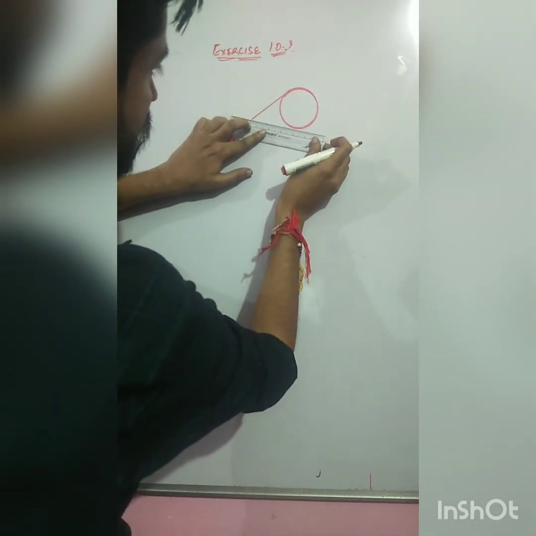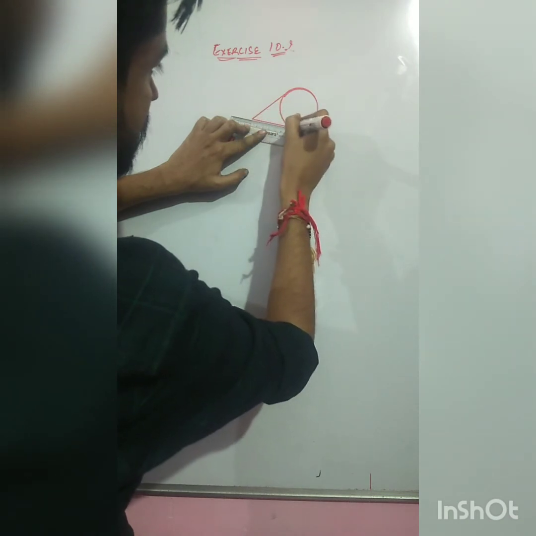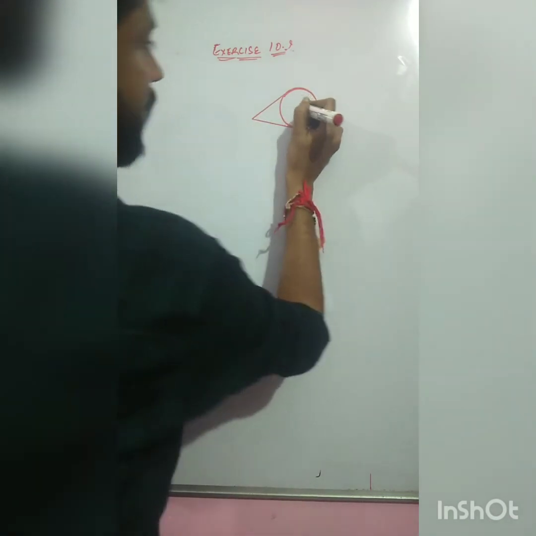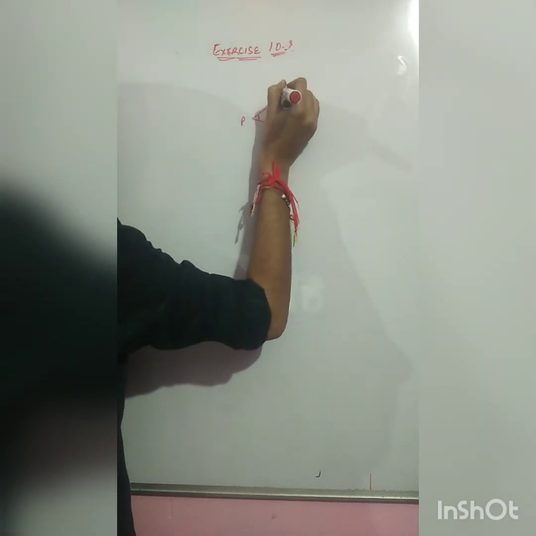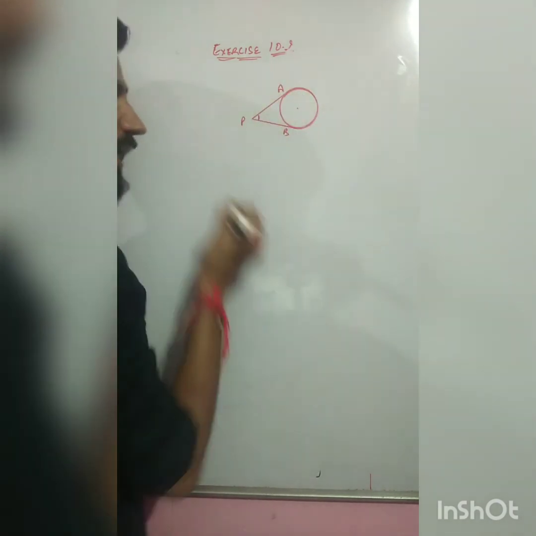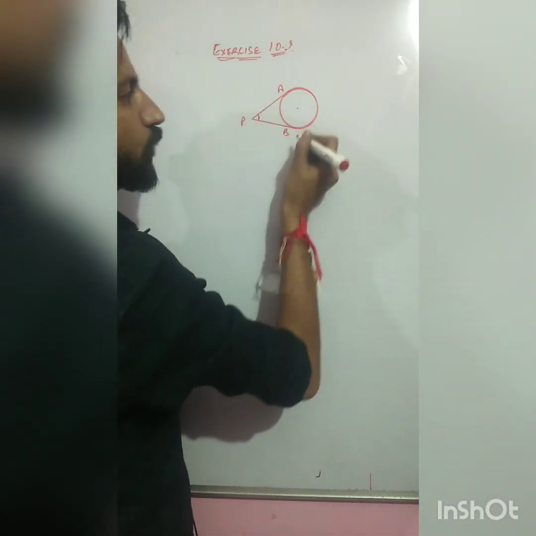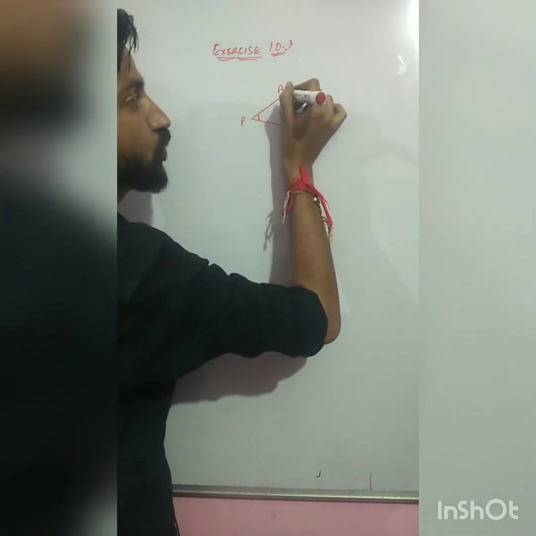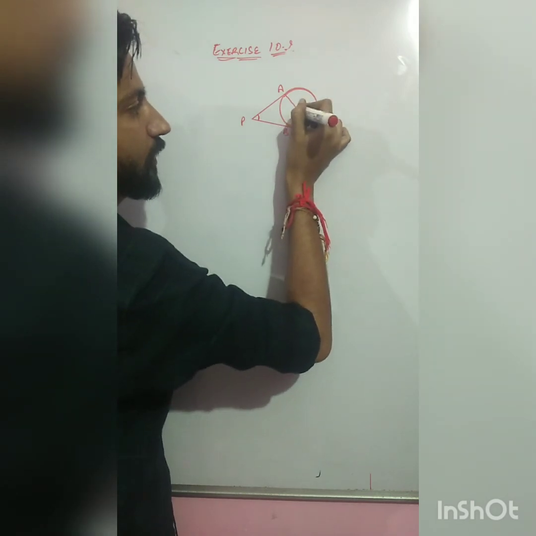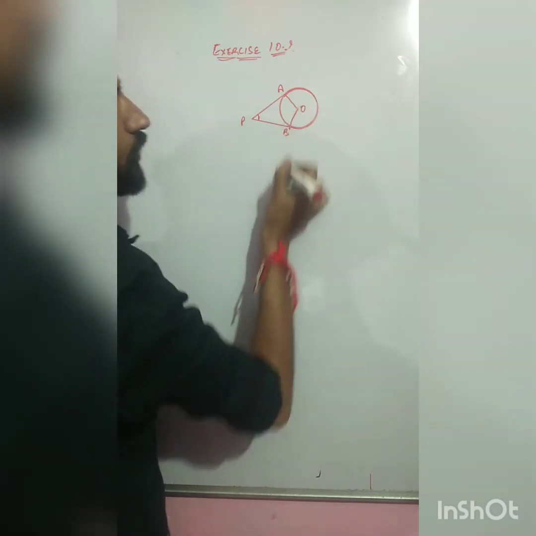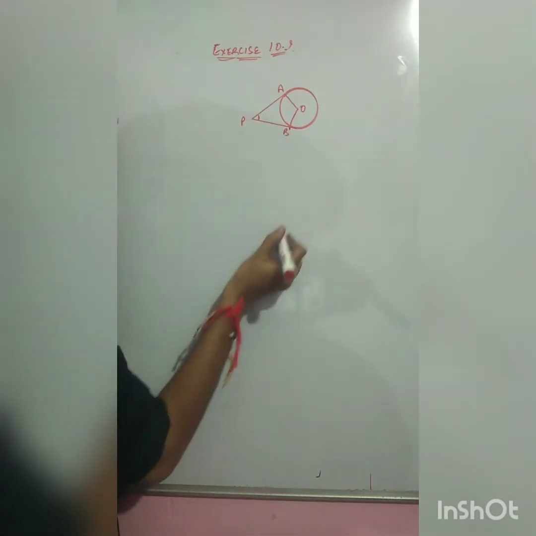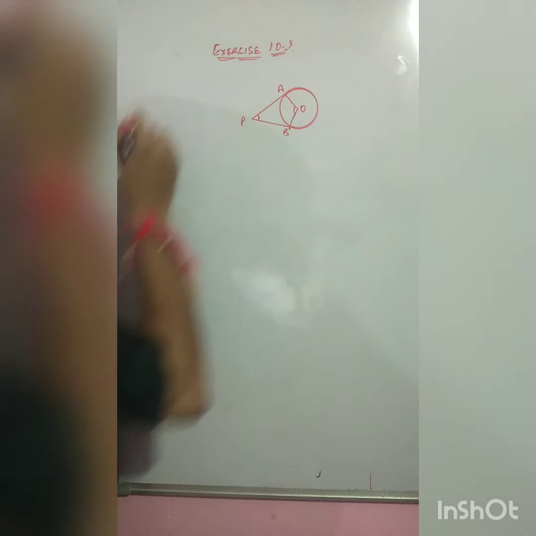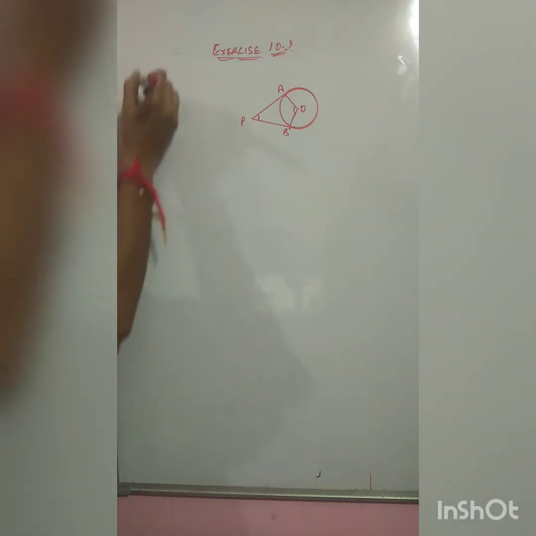We have to prove that the angle between these tangents, suppose PA and PB are two tangents, is supplementary to the angle between the line segments joining the points of contact to the center. That is, the angle between the tangents is always supplementary to the angle between the radii drawn at their points of contact. This is what we have to prove in question number 10.